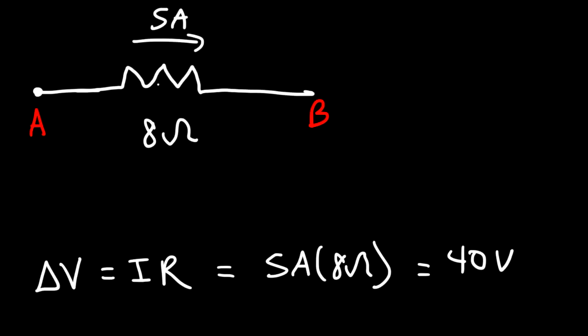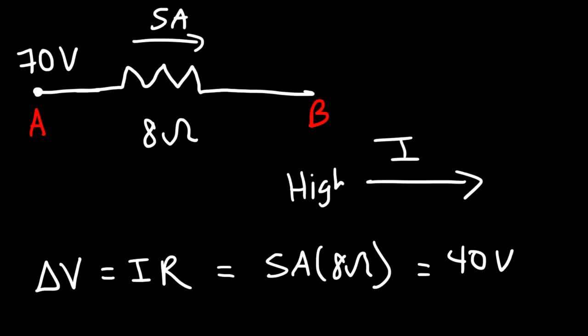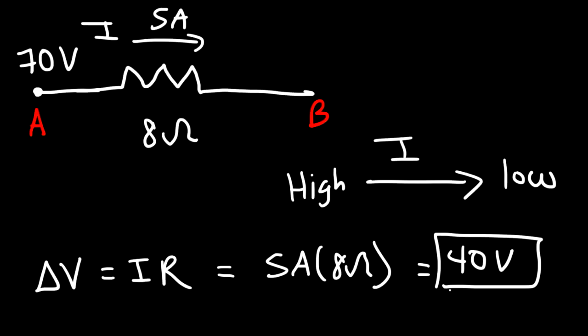Now, let's say the electric potential at A is 70 volts. What is the electric potential at B? Now remember, the current flows from a high potential value to a low electric potential value. So B has to be lower than A because the current is flowing towards B. And we have the potential difference between A and B, which is 40.